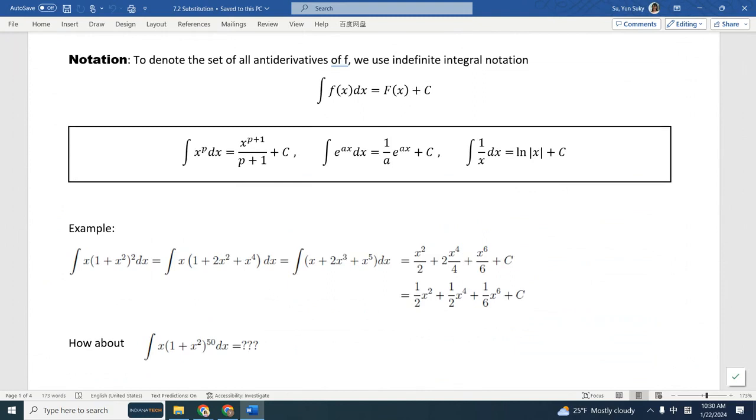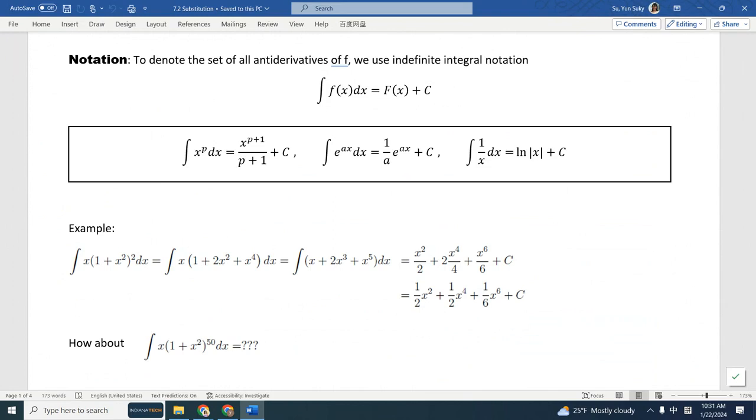The idea is if we look at this problem, if we have x times 1 plus x squared to the second, how do we integrate? Do you remember? We don't have product rule or quotient rule for integrals, right? If you see a product, based on the knowledge we learned so far, you need to distribute so you get a sum or difference. Then you can integrate term by term, right, everybody?